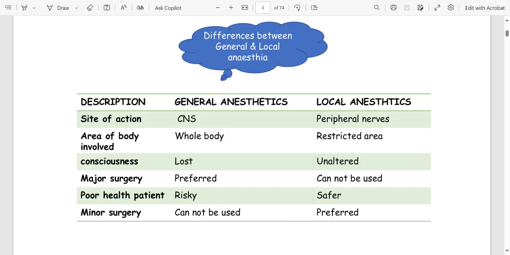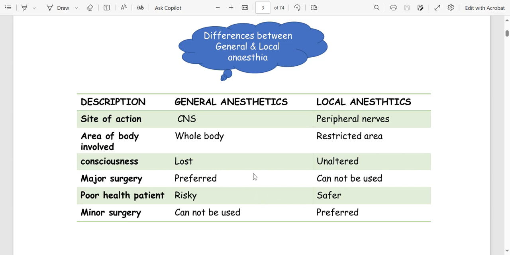And for a poor health patient, general anesthesia has some form of risk, while local anesthesia is usually safer, since it's only affecting an area. So even at the end, after you are done, it will basically be okay.